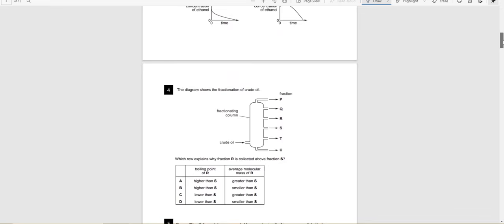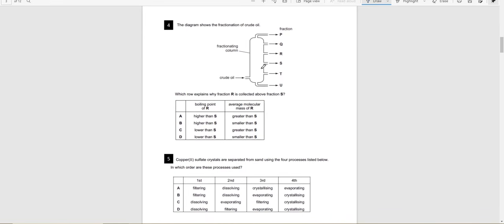Okay. Question number 4. I explained this concept a bit during the lesson as well. Which row explains why fraction R is collected above fraction S? Is the boiling point of R higher than S? No, it's not true.